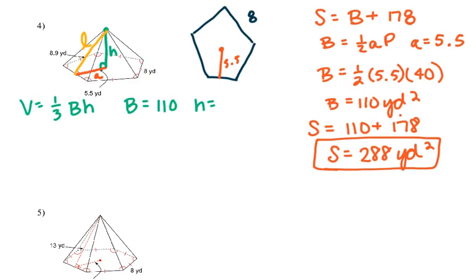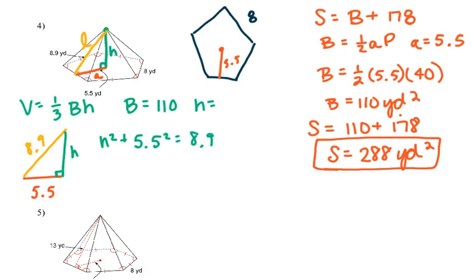And in this particular right triangle, we have everything that we need to just use the Pythagorean theorem. So we're looking for the height. That's our unknown. This is the apothem. It's 5.5, and the slant height here is 8.9. So yippee, this time we just get to solve for the height using the Pythagorean theorem. So h squared plus 5.5 squared equals 8.9 squared.